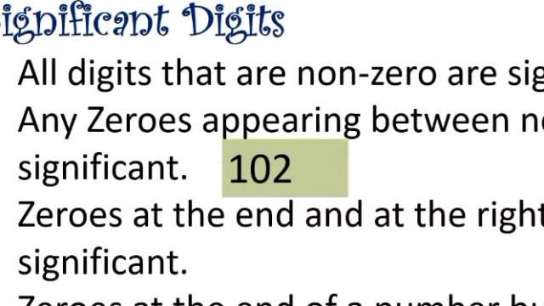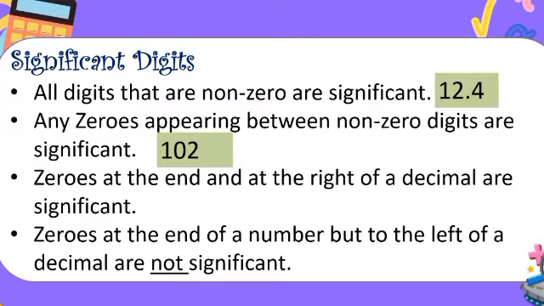So, yung 0, nagiging significant siya kapag nandito siya sa gitna ng dalawang non-zero digits. So, ano pa mga example niyan? 1,002, sa mga ganon. 10.2.